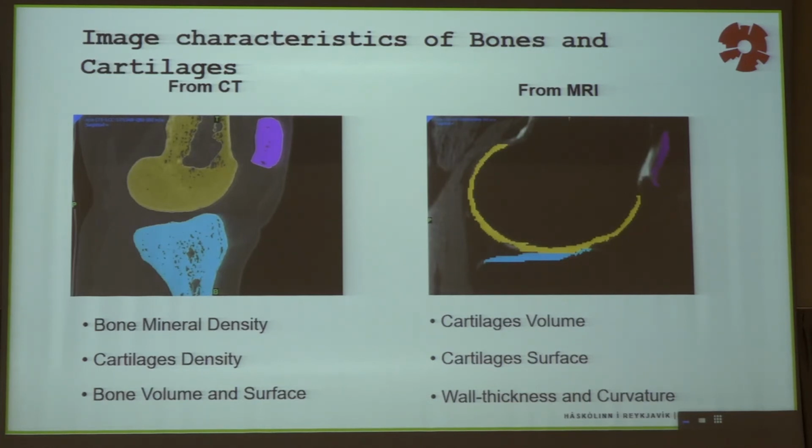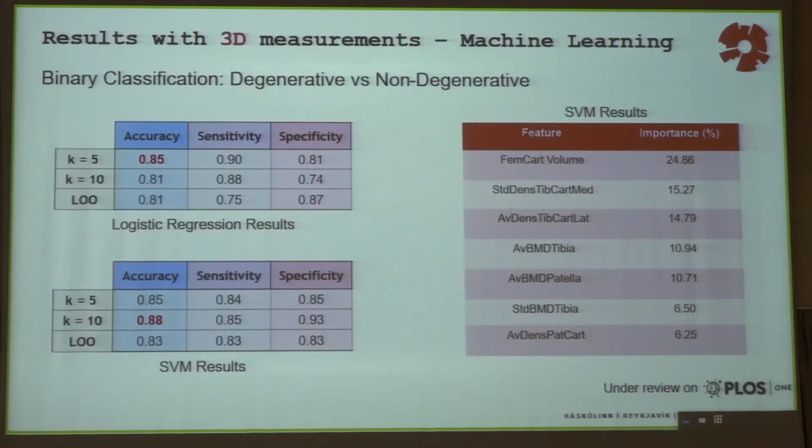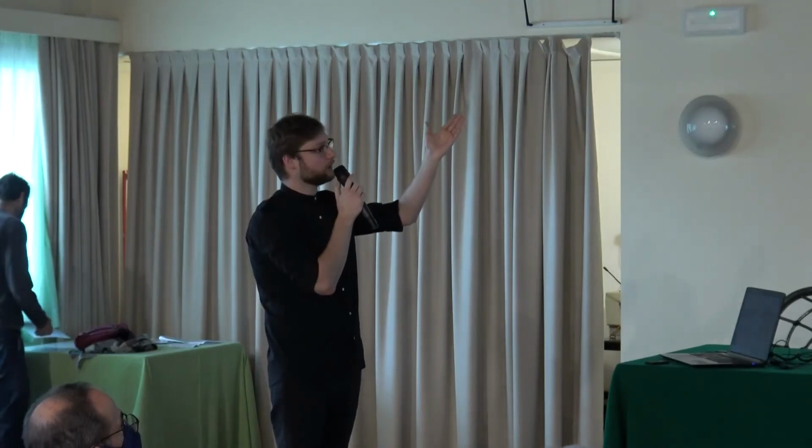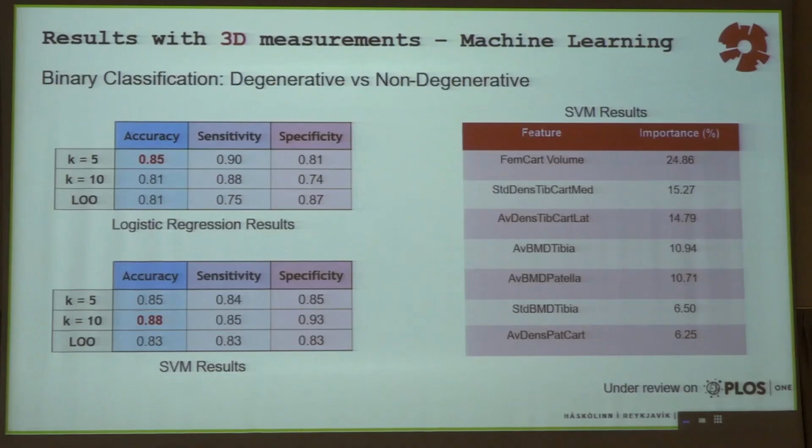With these features for the 3D, we did the same kind of binary classification, and we obtained good accuracy as well: with logistic regression, 85% with 90 on sensitivity, and 88 accuracy with the support vector machine. The femoral cartilage volume was the most important feature.